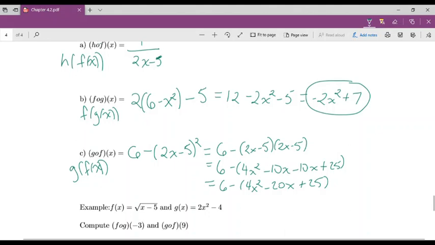Now I need to distribute this negative. So I get 6 minus 4x squared plus 20x minus 25. Do a final simplification here. 6 minus 25 is going to give me negative 19. So my final function looks like negative 4x squared plus 20x minus 19.